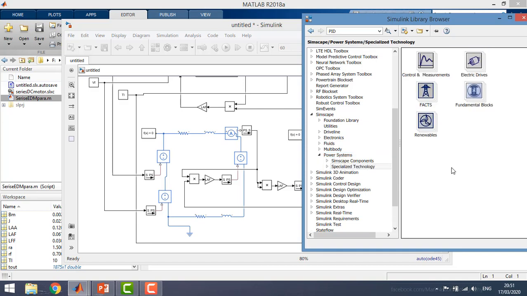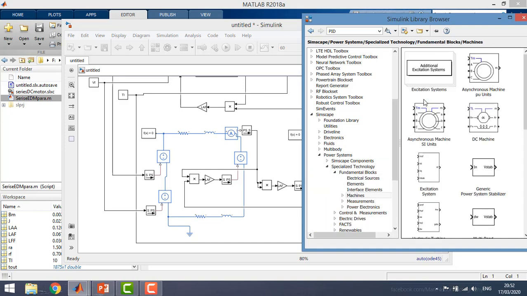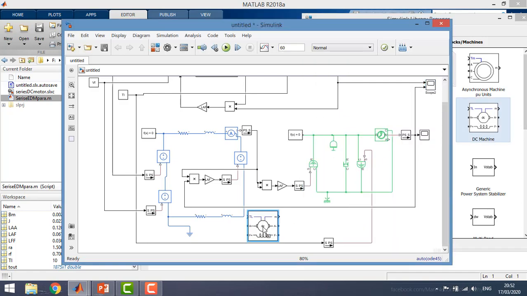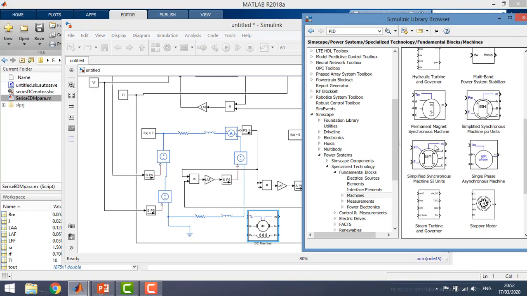All right, let's double check by presenting the built-in DC machine, which is this one. Let's make a room for this machine.